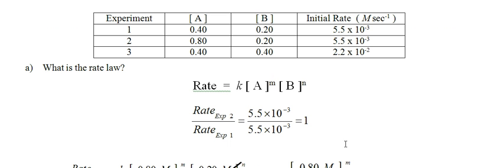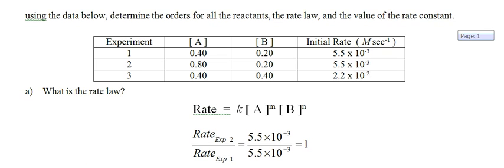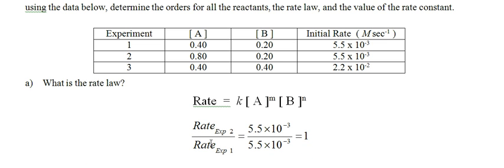So the first thing that we want to do is check out the rates of the two reactions here. We want to put rate 2 over rate 1, and again, it doesn't matter which one in this case, especially since the ratio is the same, even though the concentrations are different. So that should tell you something real quickly here.